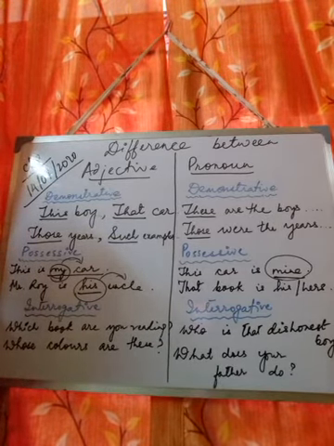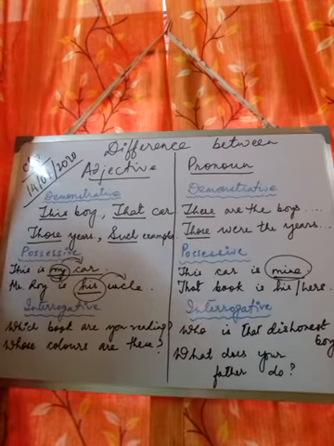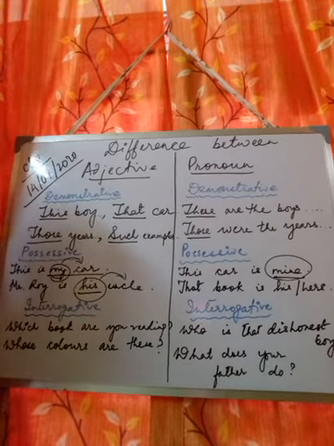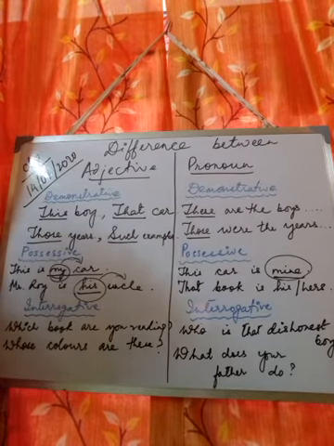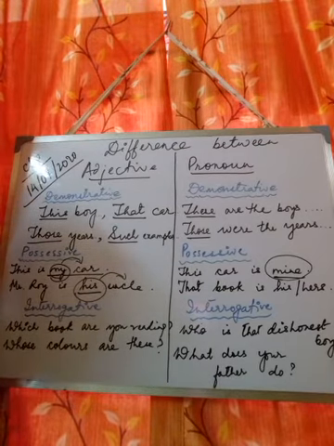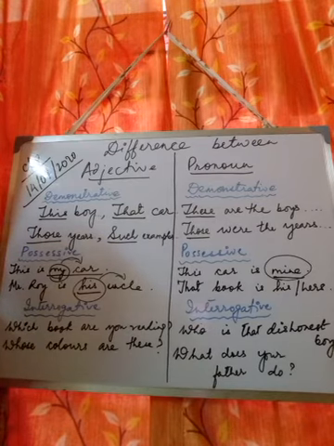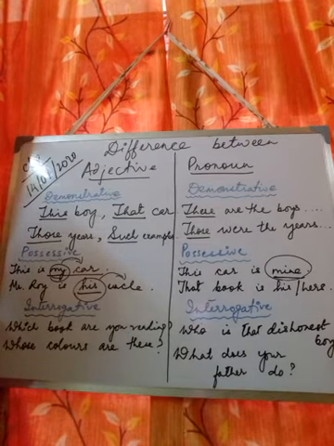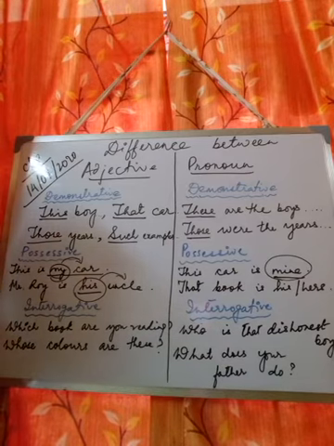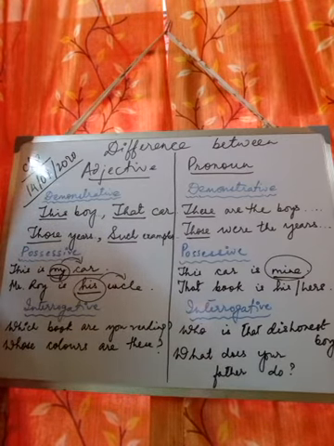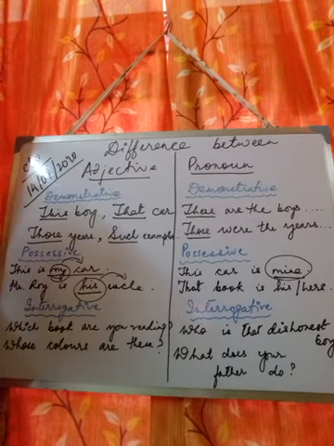We can use ours, we can use mine, we can use his, hers, theirs. This is how we use these possessive pronouns, but we cannot say this is their house. Their can be used only as a possessive adjective but not as a possessive pronoun. Rather, we can use theirs as the possessive pronoun.